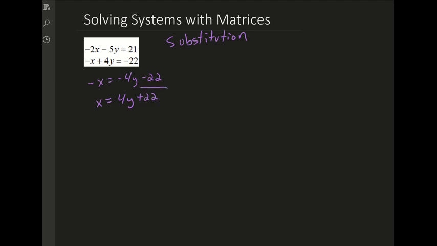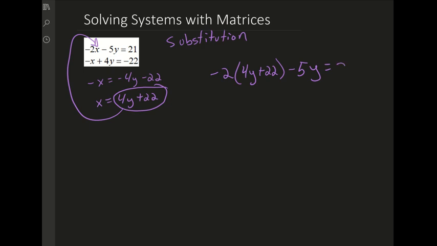Then we take this 4y plus 22 and substitute it in for x in the first equation. So we have 4y plus 22 instead of the x, minus 5y equals 21. Distribute the -2.